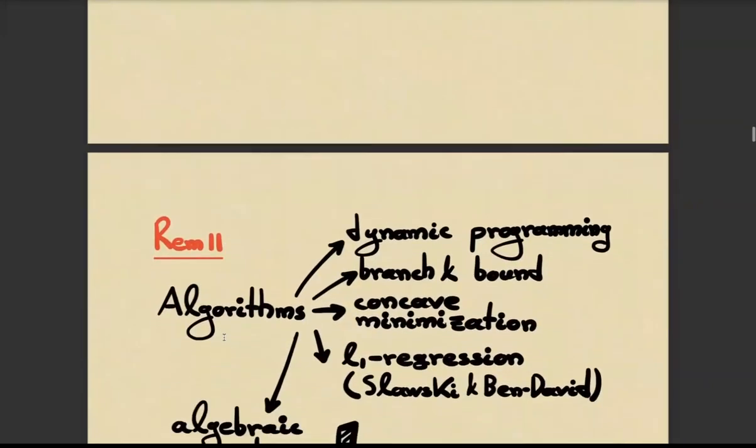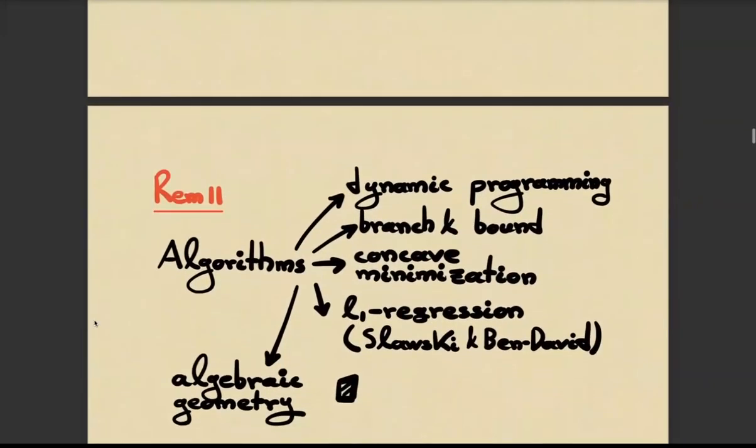Coming back to unlabeled sensing, from an algorithmic point of view, there are various approaches, and I have not included them all here, just to give you an idea. It can be approached by dynamic programming, by branch and bound, by concave minimization, by L1 regression.